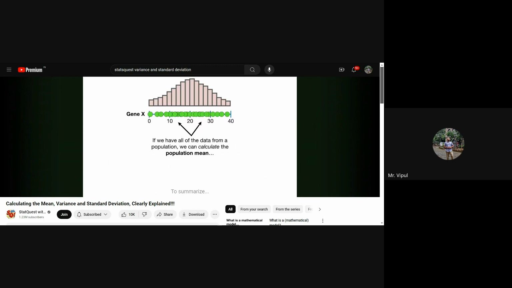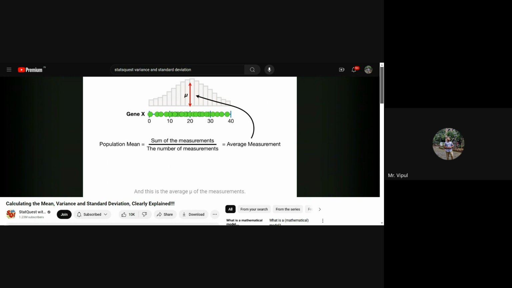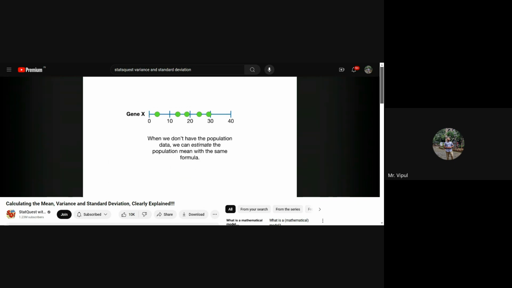Hooray! In summary, if we have all of the data from a population, we can calculate the population mean. The population mean equals the sum of the measurements divided by the number of measurements, and that equals the average measurement, mu. When we don't have the population data, we can estimate the population mean with the same formula.